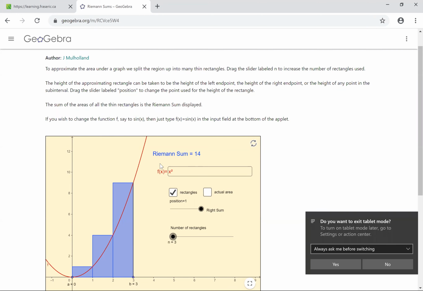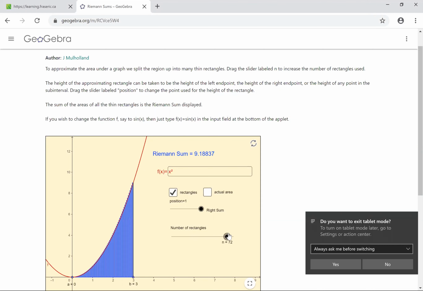In our computation, we got the sum of these rectangle areas to be 13. Now, what if we start increasing the number of rectangles? If we have more and more rectangles, you can see the area is getting more and more refined, or the area of the rectangles is getting very close to the area under the curve, right? As you keep making more and more rectangles, you see the area is getting very close to the actual area under the curve.